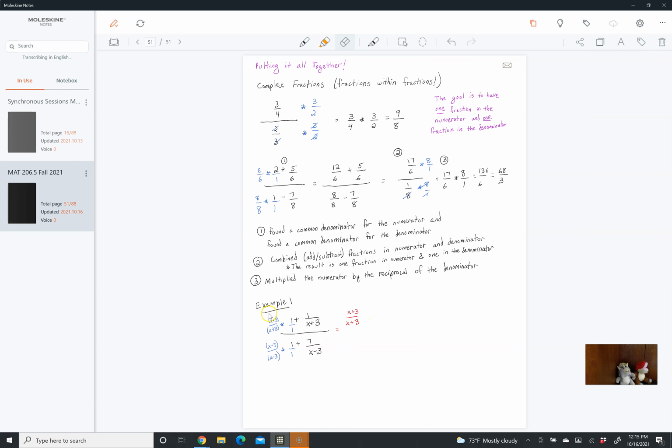Sorry about that. X plus 3 times 1 is just x plus 3 over x plus 3, and then plus 1 over x plus 3. On the bottom when we do it, we have x minus 3 over x minus 3, plus 7 over x minus 3. And I should put that in red. I'm just rewriting the exact same thing, just in red.